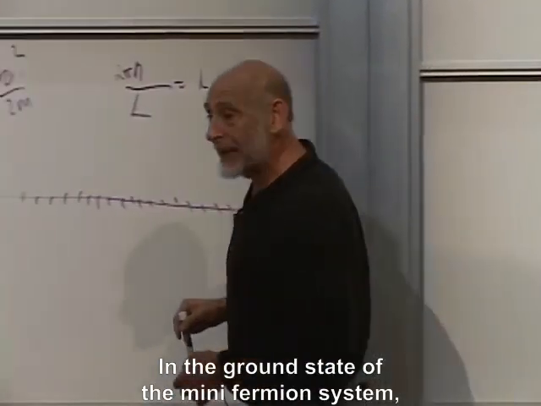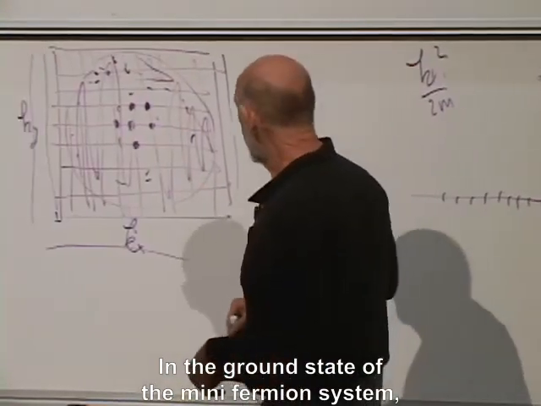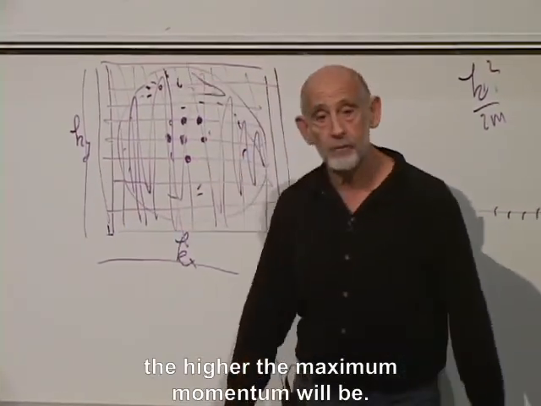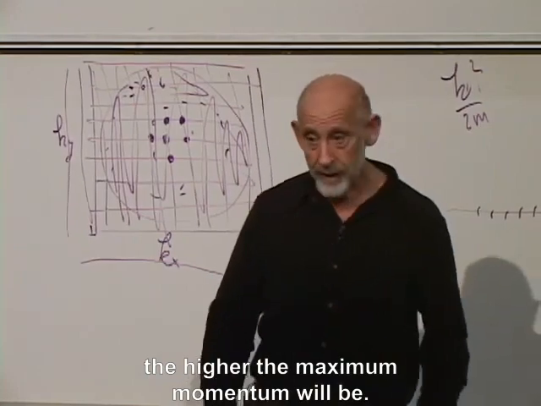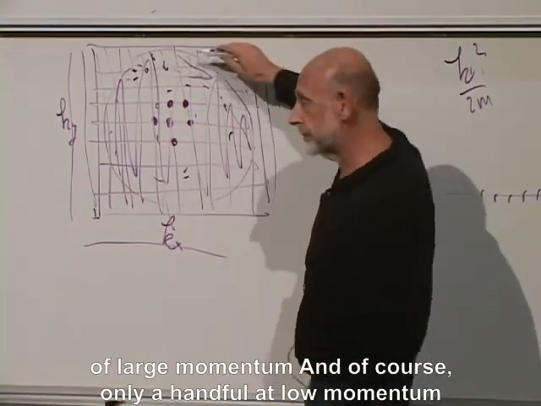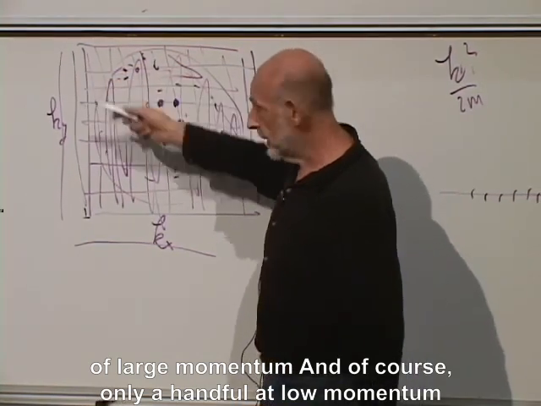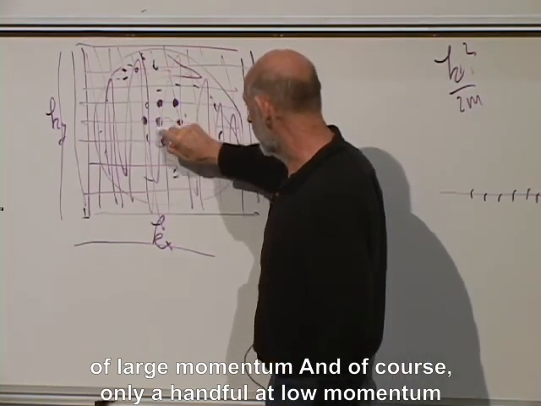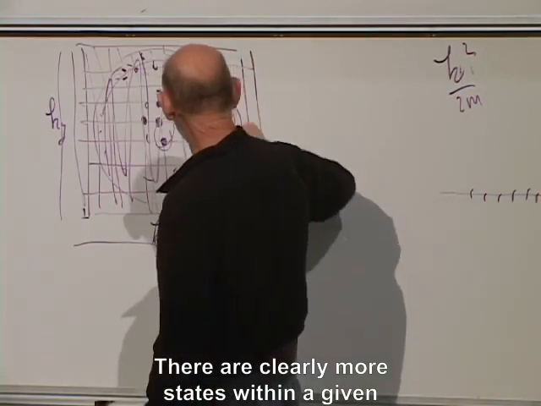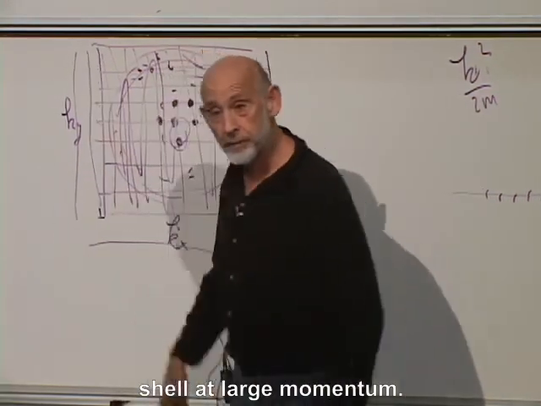In the ground state of the many fermion system, you will find the more fermions you put in, the higher the maximum momentum will be. There will be lots and lots and lots of particles of large momentum, and of course only a handful at low momentum, because there aren't that many states at low momentum. There are clearly more states within a given shell at large momentum.